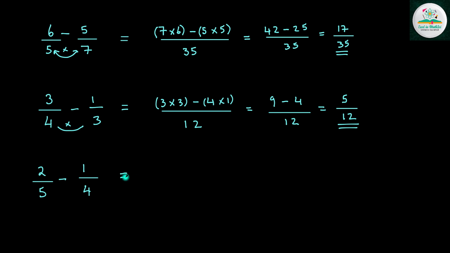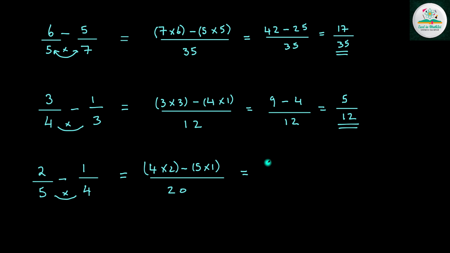Okay, let's look at the final one. So we have 5 times 4, which is 20. 4 times 2, so that's multiplying 4 and 2, subtract 5 times 1, and that would then give me the following.